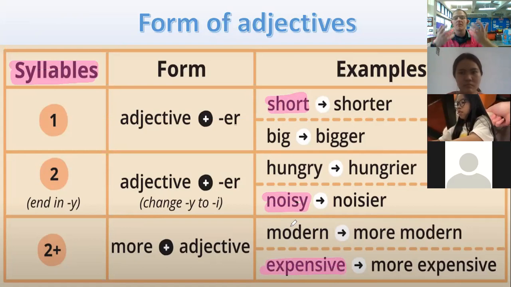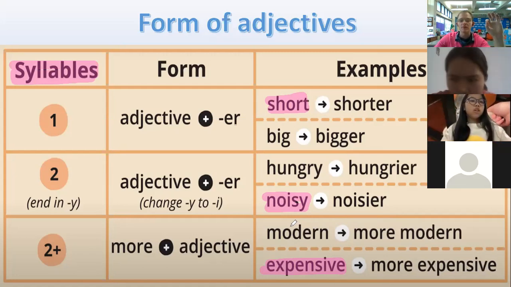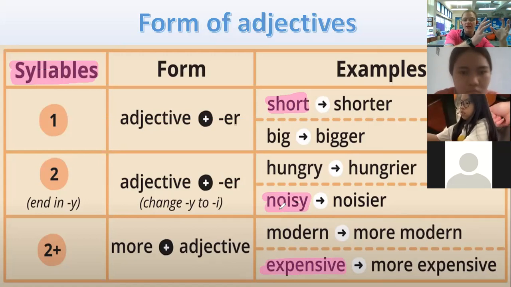When we talk about syllables, it means we can break up the words into the sounds that are made. So the first word, short, only has one syllable. But if we look at the next one, noisy, it has two syllables, so it has two different syllables.